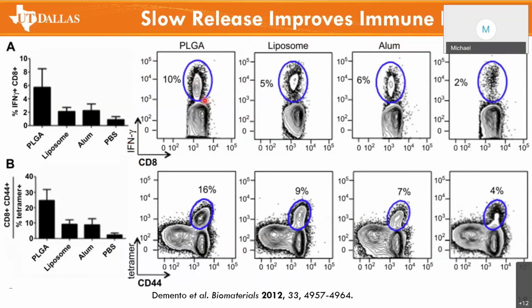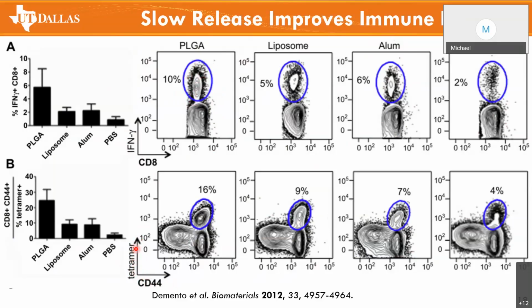They showed that PLGA produced the most CD8 positive and IFN gamma producing cells. They then gated these cells to show which ones were activated by looking at CD44, and they made sure that it was antigen specific by looking at a tetramer peptide that binds to the T cell receptor.